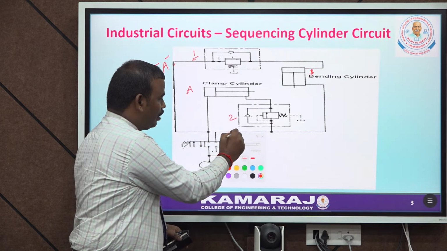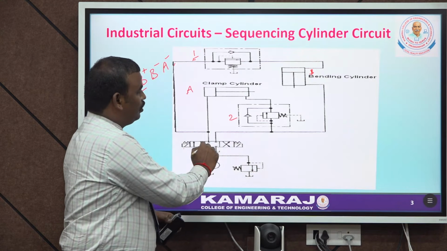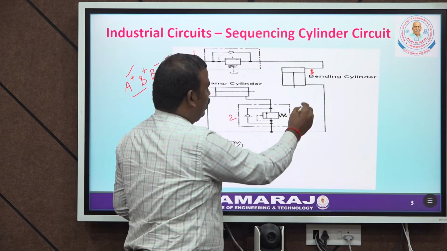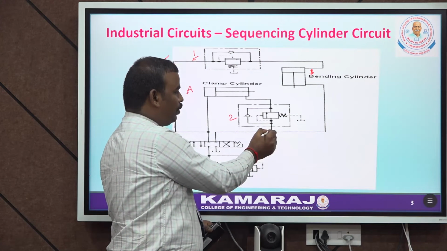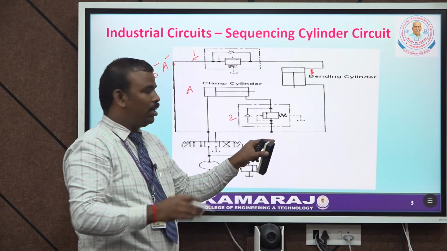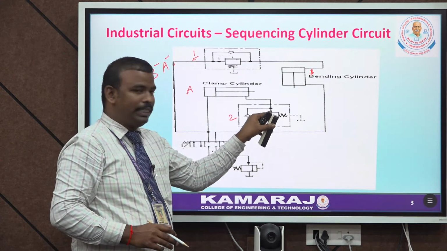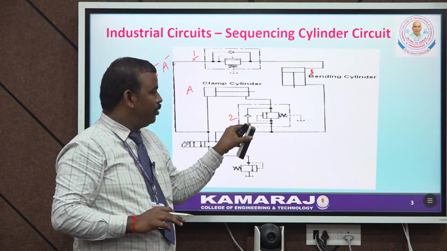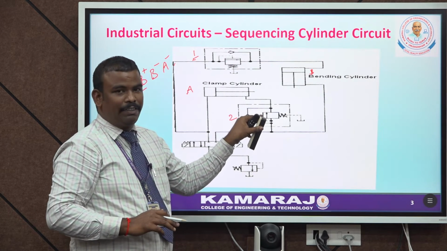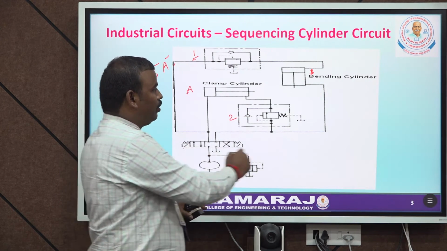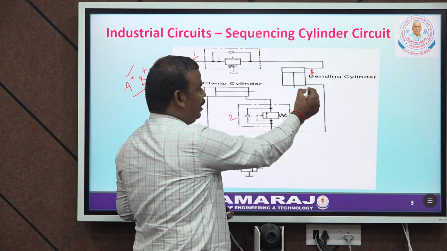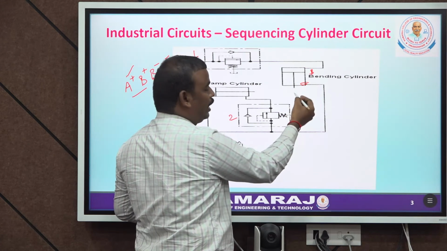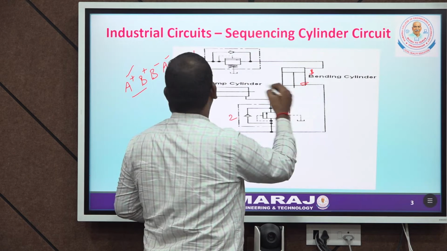So the oil flows to sequence valve 2 and at the same time to the bending cylinder B. At that time sequence valve 2 is in the normally closed condition, so the oil does not flow into the sequence valve, and the check valve is also in the opposite direction. So there is no way for the oil to flow through the sequence valve. So the flow goes only to the rod end side of bending cylinder B. At that time the retraction of the B cylinder is achieved. So B minus is possible.